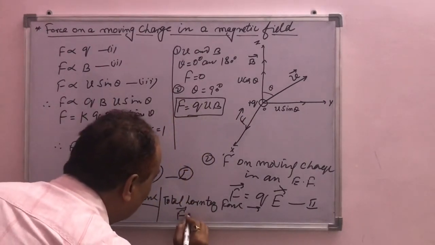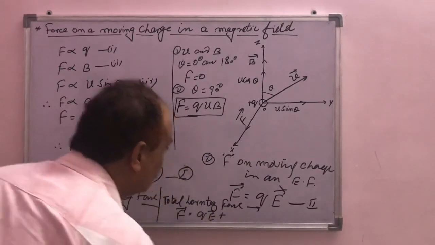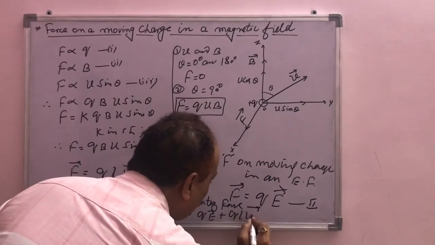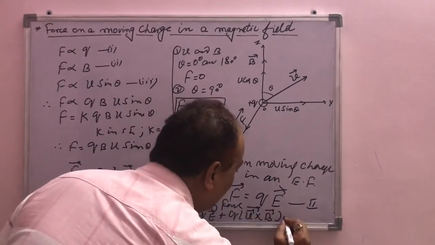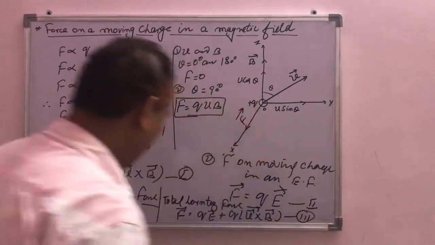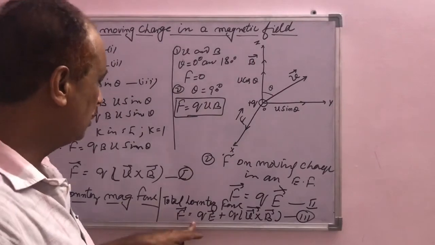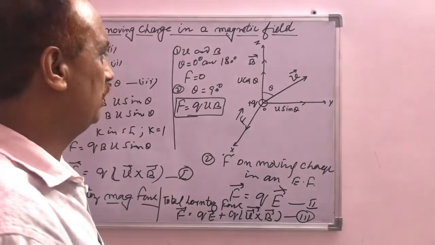F vector is equal to q E vector plus the force acting in the magnetic field, that is q v cross B vector. This is the final equation number 3, and it represents the total Lorentz force acting on the moving charged particle.